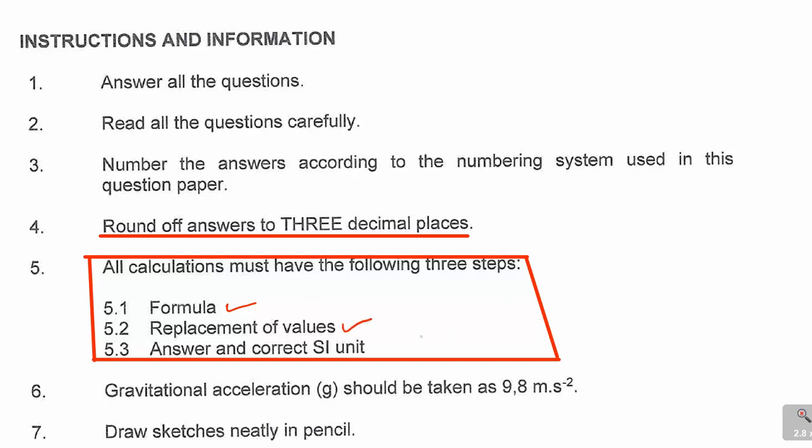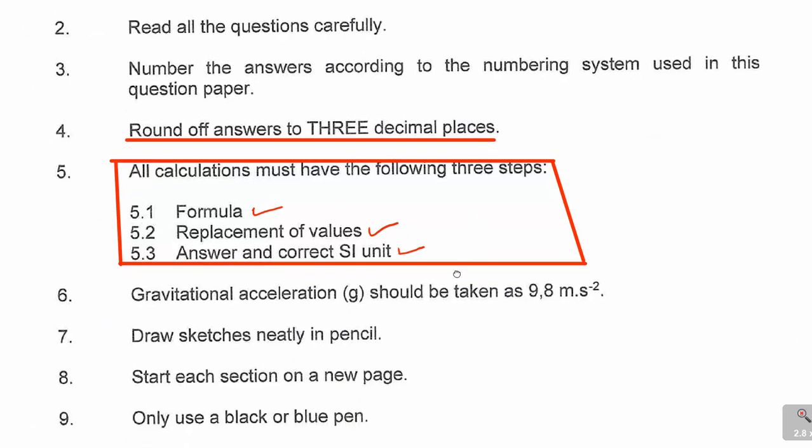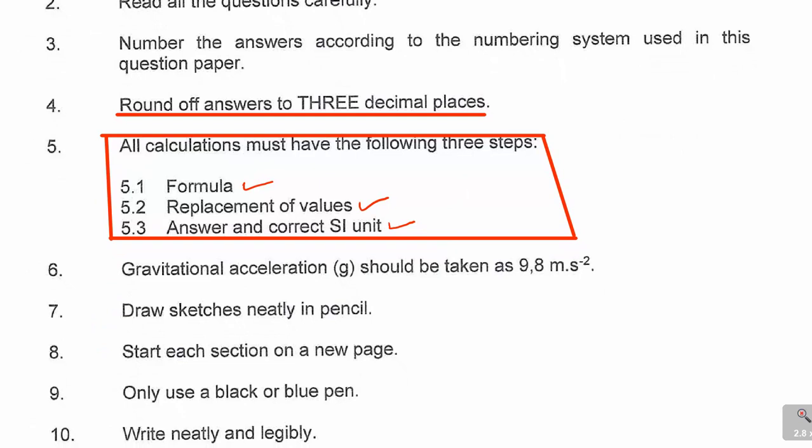They'll give you a mark, and then the answer that you give with the correct SI unit will give you all your full marks. So remember that. Also, sometimes students forget you are given the value of G, which is acceleration due to gravity, which is 9,8. Remember, it's common to say 9,81, but the 1 is not there. It's just 9,8 meters per second square.